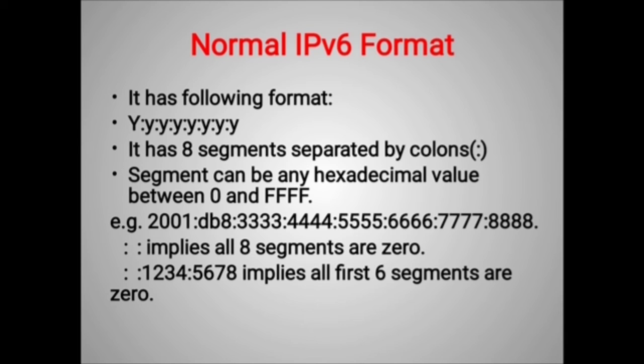In the IPv6 format I have 8 segments separated by colons. As you can see in the example, there are 8 segments, and each segment can take a hexadecimal value, that is from 0 to 15. You all know hexadecimal values. If I have a double colon, that means all 8 segments are 0. If I have 2 values written after a double colon, that means all 6 other segments are 0.